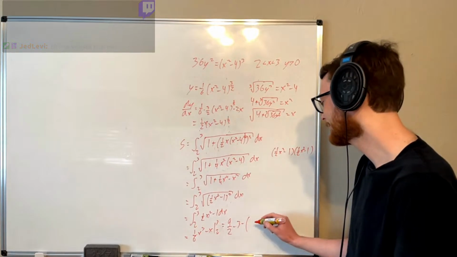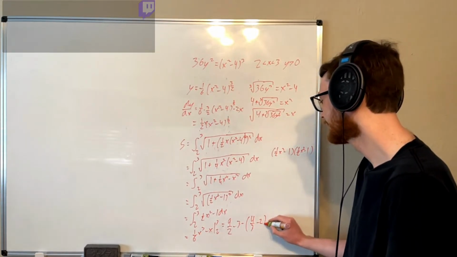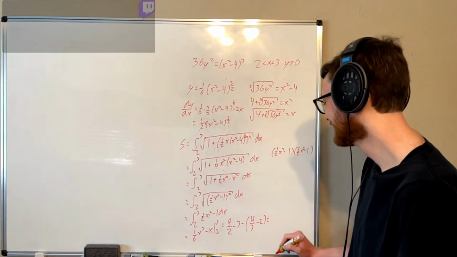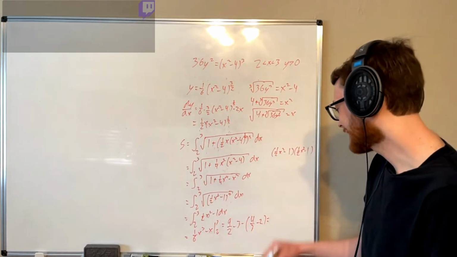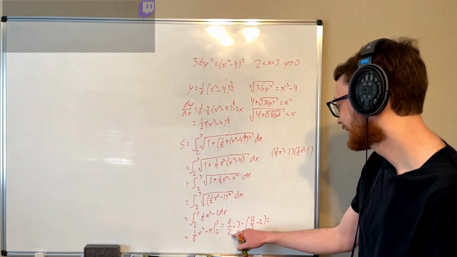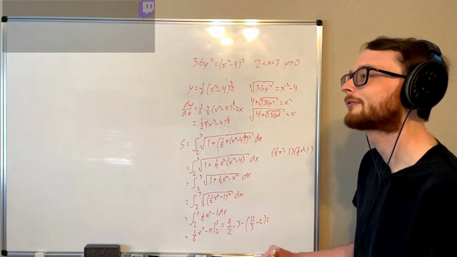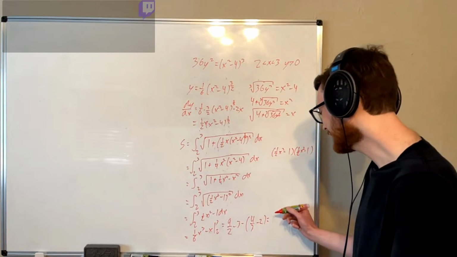Then we plug in the 2. 8 over 6 is 4 over 3. Fraction math, ugh. 27 over 6, 8 over 6. 27 minus 8 is 19 over 6.